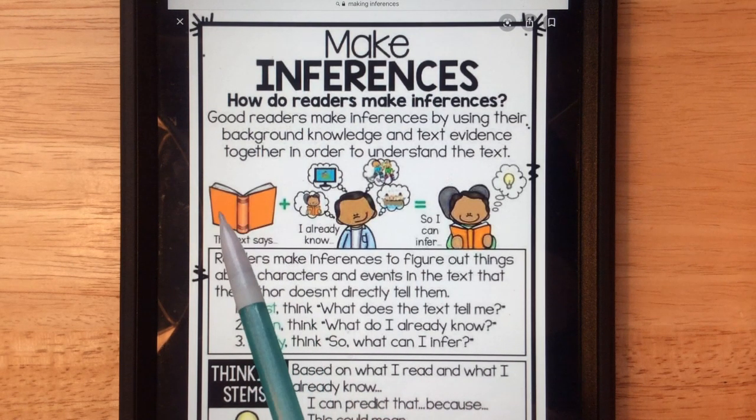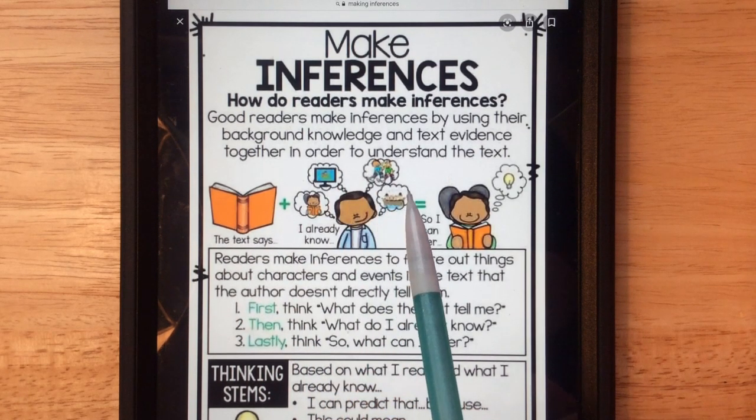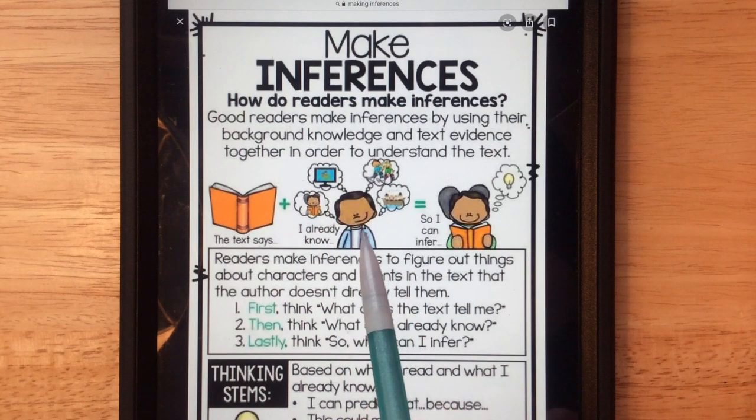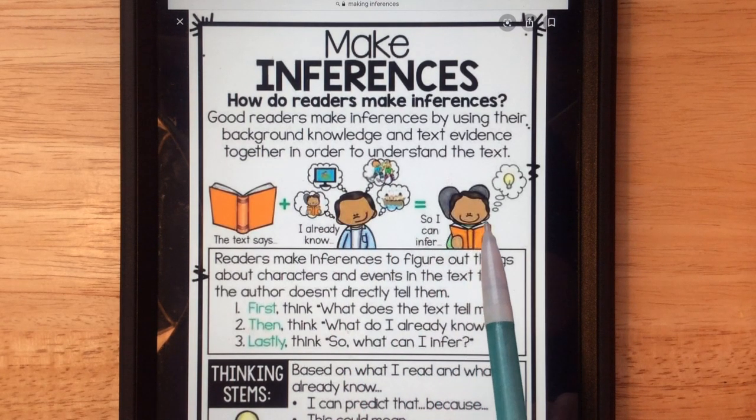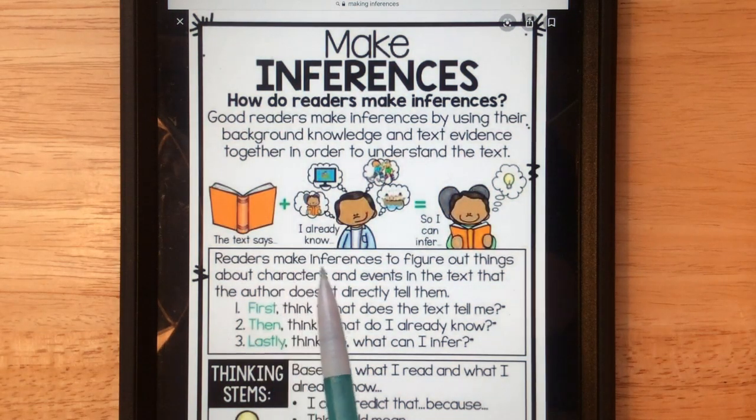So you take what the text says, what the author does tell you, you add it to what you already know, and then you can infer. Readers make inferences to figure out things about characters and events in the text that the author doesn't directly tell them. So here's what you think first. What does the text tell me?